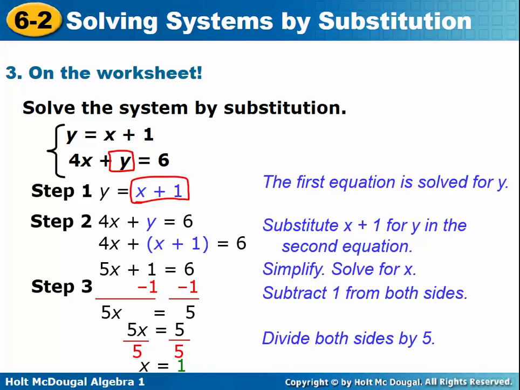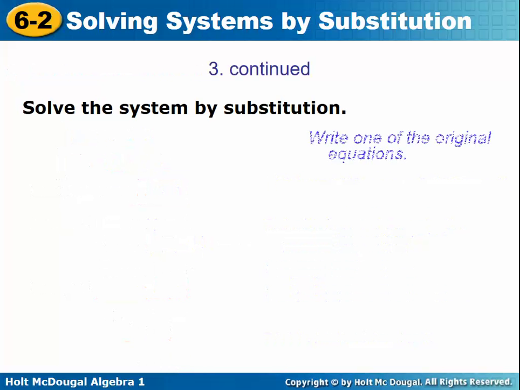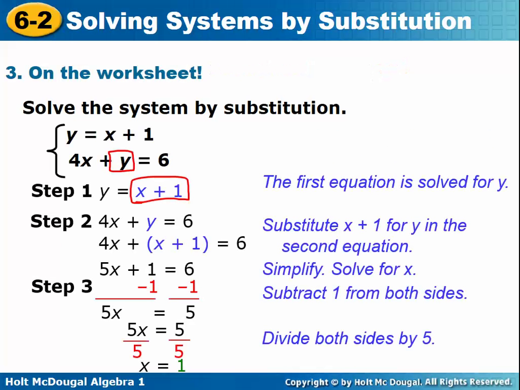So we have solved for one of our variables. We got x equals 1. And then our equations again were y equals x plus 1 and 4x plus y equals 6. So after you solve for one of the variables, you're going to plug that back into one of the originals. Which one do you think would be easier to find the value of y?